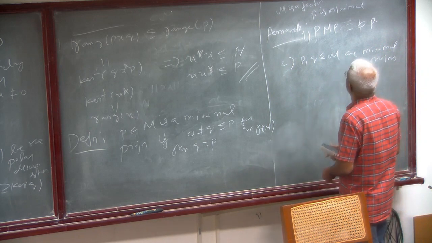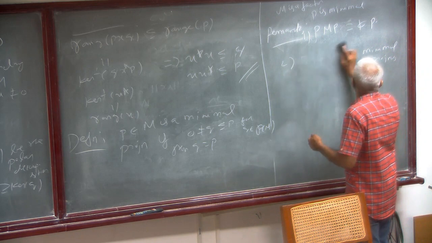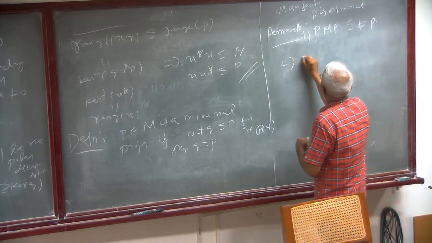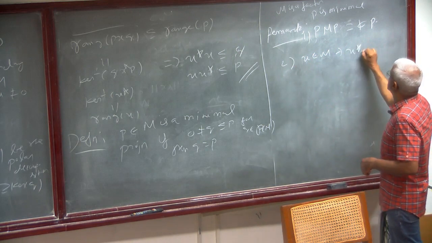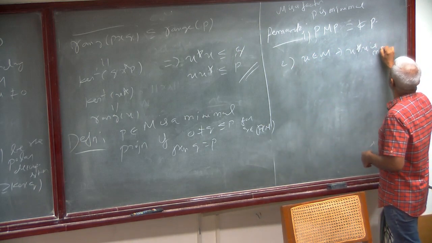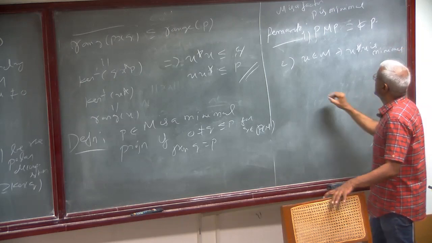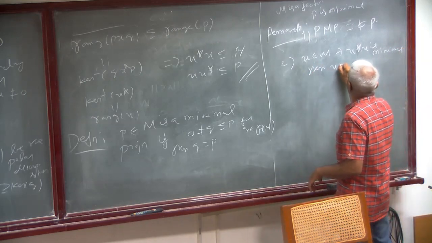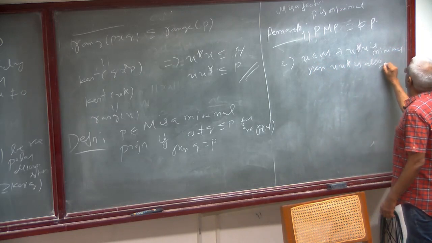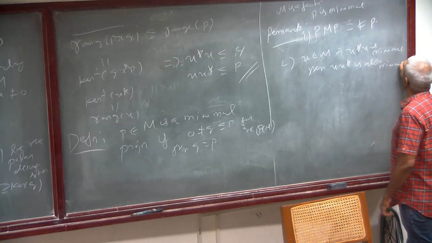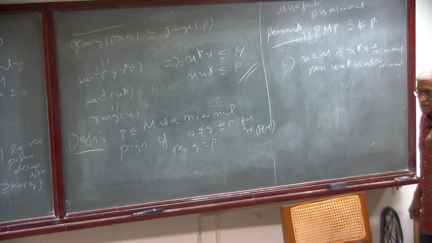no, let's not do that. Of course, if it's a factor, there will exist something. Let me say this. If U in M such that U star U is minimal, then U U star is also minimal. So if you have a partial isometry whose initial space is minimal, then the final space is also minimal. That is clear.